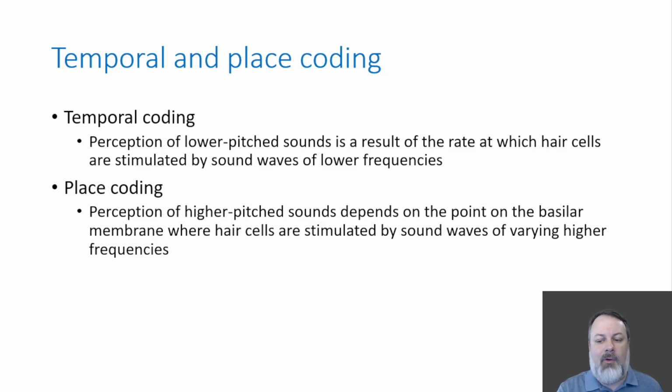But as we start moving up to higher pitch sounds, it's what we call place coding, because different hair cells will respond to different frequencies. It's almost like a little coiled up piano keyboard, where the lower sounds are to one side and the higher sounds are to the other. And so, depending on where exactly the pitch is, it will stimulate a different region of those hair cells, and will help you to perceive that pitch.